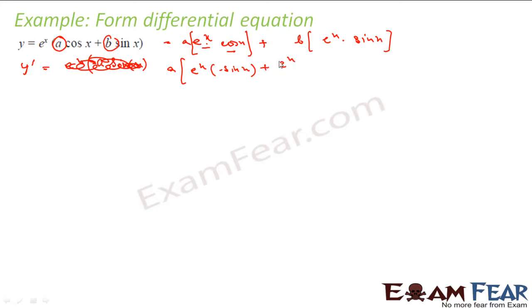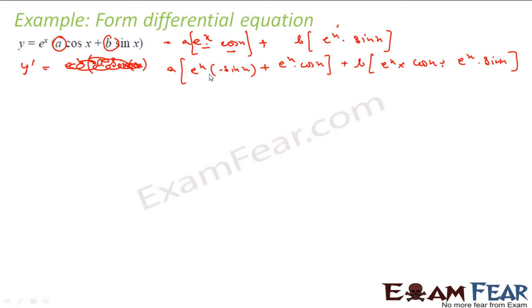So this becomes e to the power x, and the differentiation of cos x. Similarly for b, I will take this guy constant, differentiate this guy, e to the power x, differentiation of sin x is cos x, plus now I will differentiate this guy, e to the power x, and sin x I'll take constant.